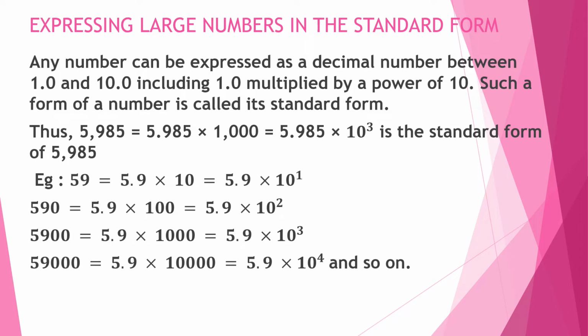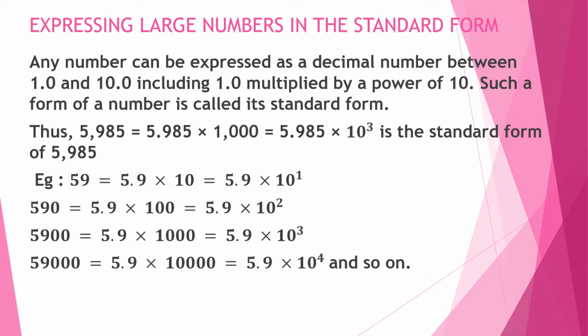Or children, to write the standard form, the simple and shortest way is: after the first digit you put the decimal point. Then you count the number of digits after the decimal point. Here in the first one only one digit is after the decimal, so the standard form is 5.9 into 10 raised to 1.